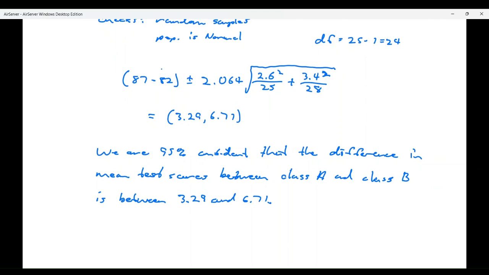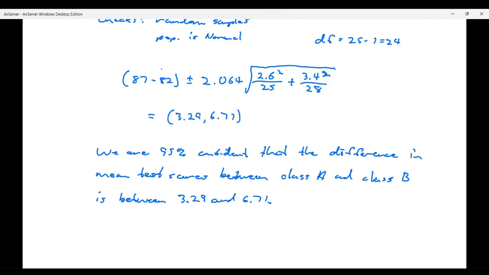You'll notice my wording has changed a little bit from how I've interpreted confidence intervals before, which is absolutely fine. I could interpret this exactly how I've done before. We are 95% confident that the interval captures the true difference in means of test scores. Again, it doesn't really matter how you write it. You just want to capture the essence of what's happening here.